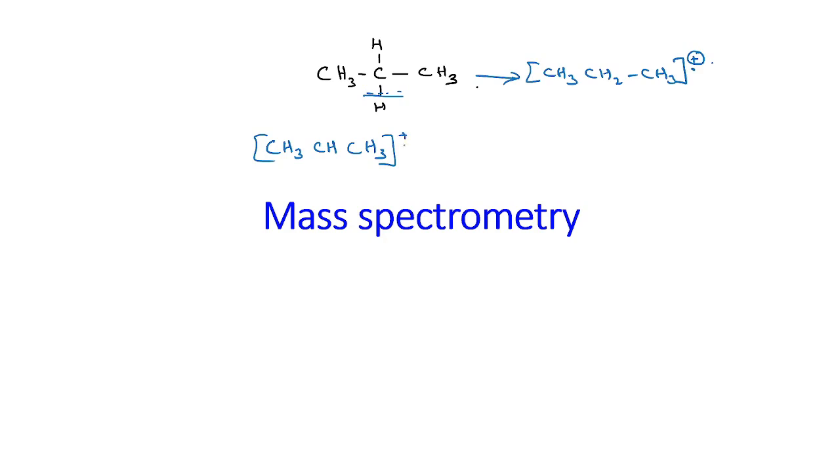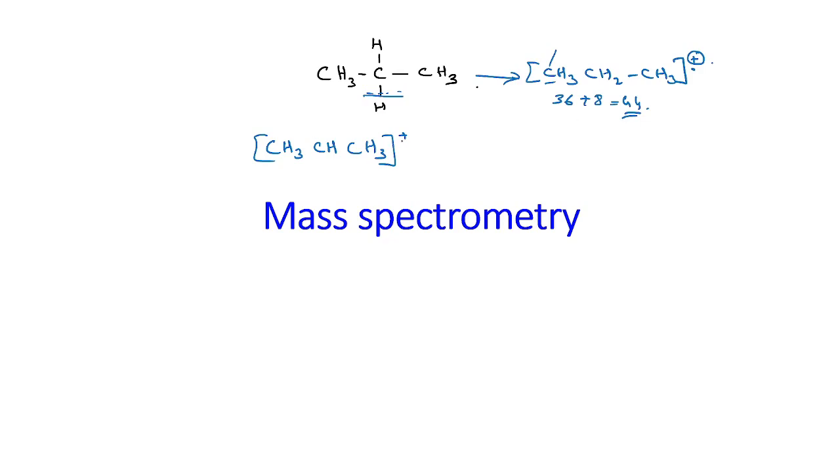Plus. So what is happening now? The molecular mass over here: 12 multiplied by 3 is 36, plus 8 equals 44.